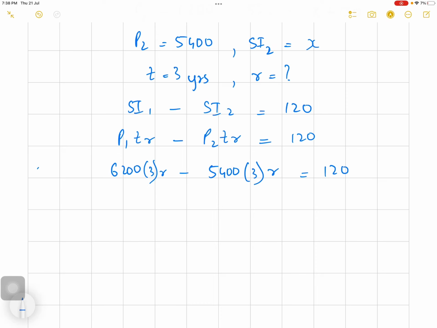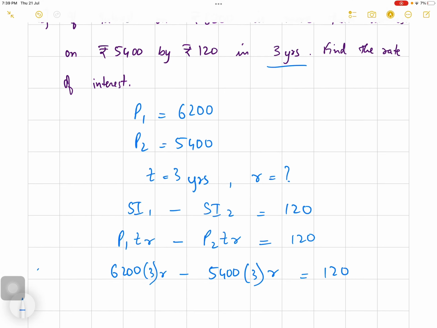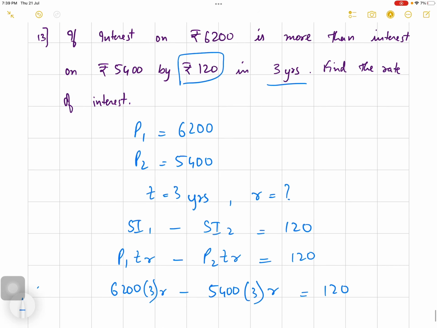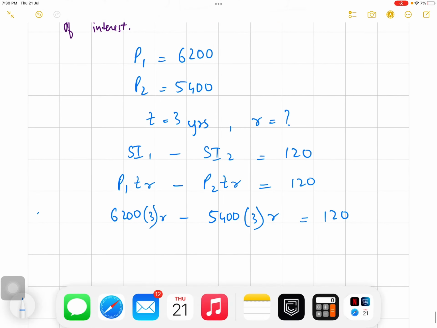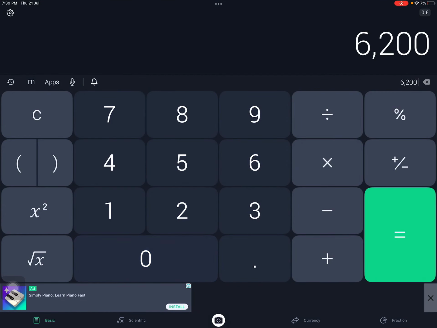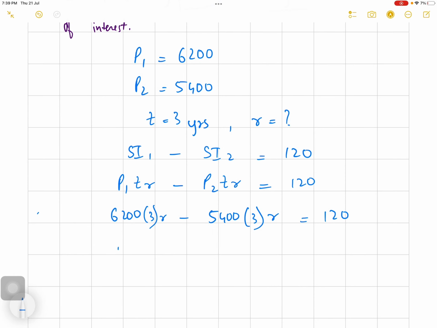So let's calculate this. 6,200 into 3 comes to 18,600.